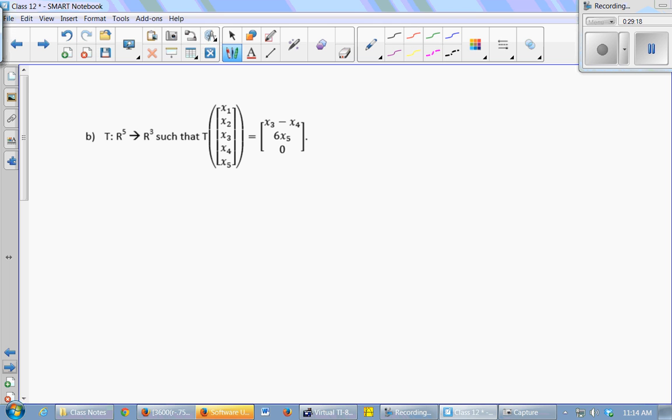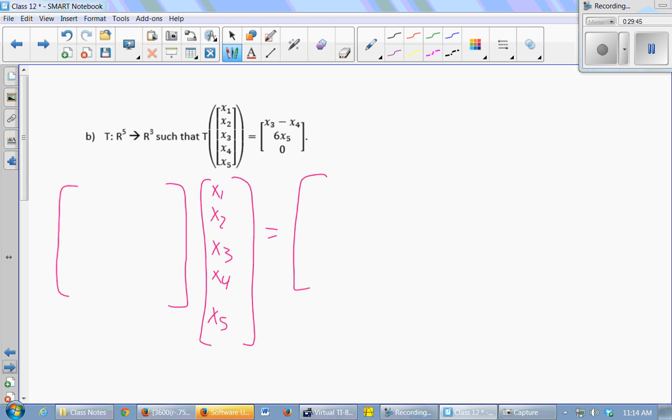Okay, so T goes from R5 to R3. So T of x1, x2, x3, x4, x5 produces vectors in R3 that look like x3 minus x4, 6x5, 0. So I'm trying to figure out what matrix A has to look like so that when I multiply by x1, x2, x3, x4, x5, I get x3 minus x4, 6x5, and 0.